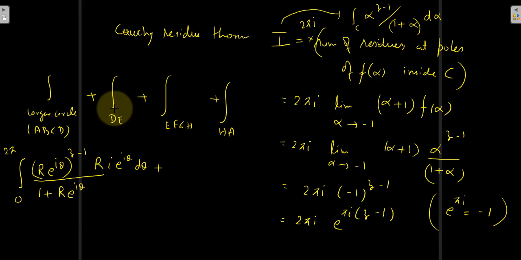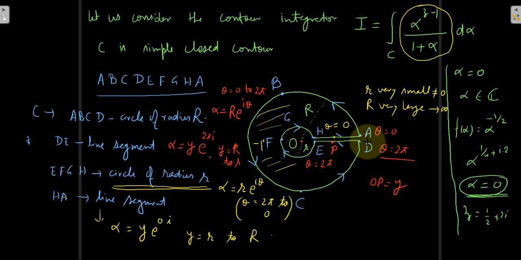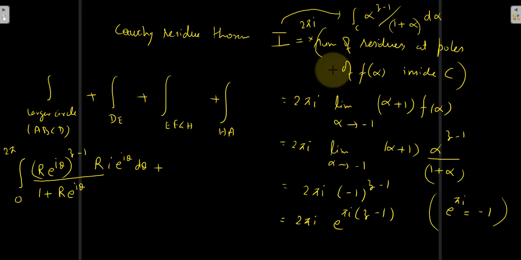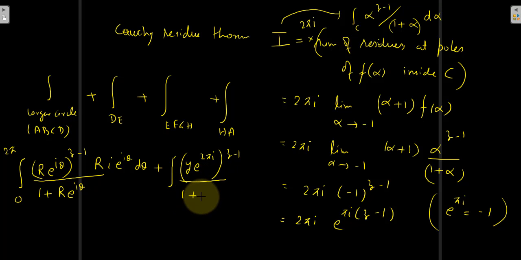Now let us think about the second integral, DE. The equation of DE is alpha equals y e to the 2 pi i, and y varies from capital R to small r. So it becomes the integral of (y e to the 2 pi i) whole power z minus 1, divided by 1 plus y e to the 2 pi i.